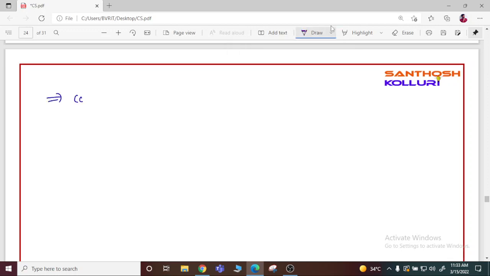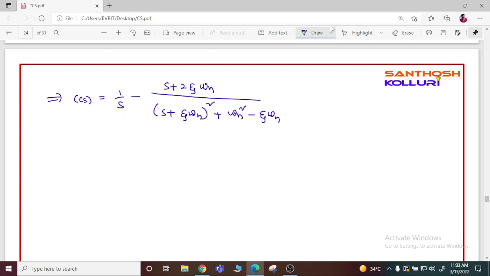So by computing this, C of s is equal to 1 by s minus (s plus 2 zeta omega n) divided by (s plus zeta omega n) whole square plus omega n square minus zeta square omega n square.